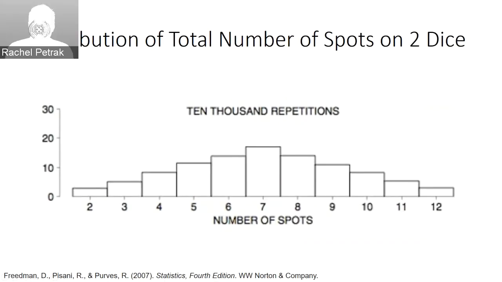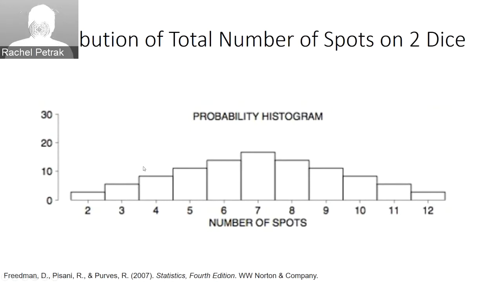This is still, of course, an empirical histogram. And if we go even further and toss the dice 10,000 times, so we have 10,000 repetitions now, we have an empirical histogram that very closely resembles our probability histogram, as you can see. The probability histogram is the ideal for the total number of spots when a pair of dice are rolled.